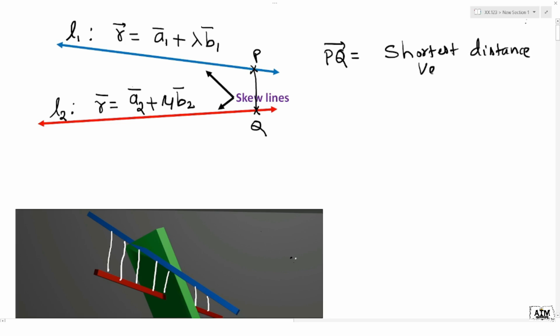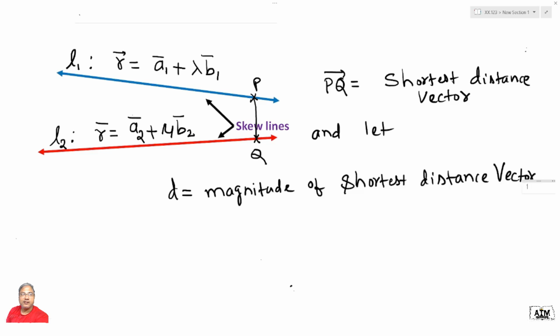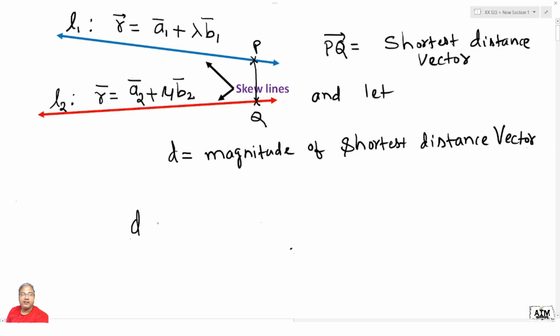It is a vector quantity, and let D be the magnitude of the shortest distance vector.